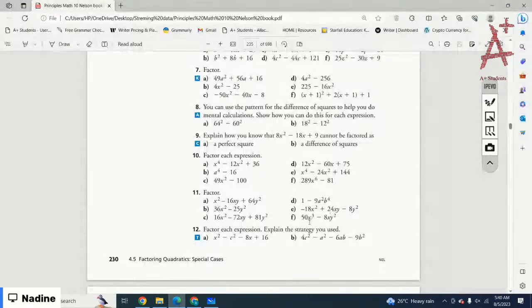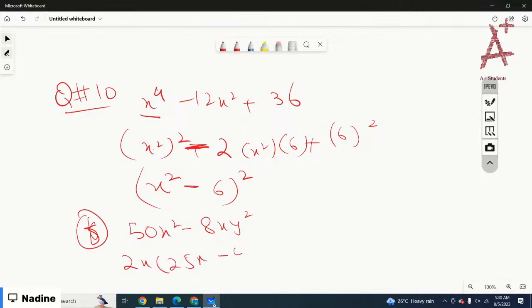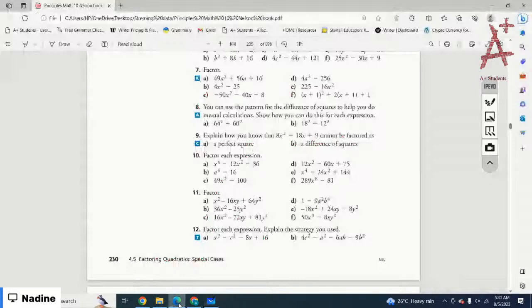Okay, 50x cube minus 8xy square. Okay, let's just take 2 common, 2x common. 25x minus 4, I think it would be just 8xy square.